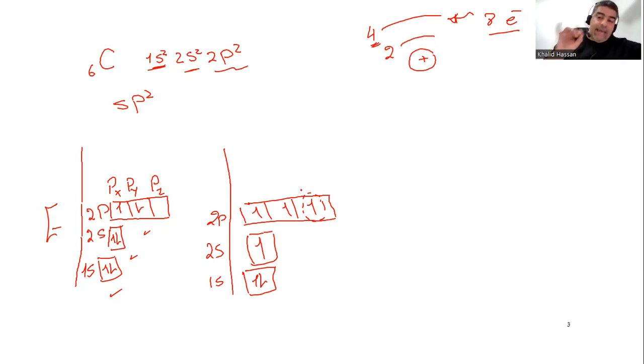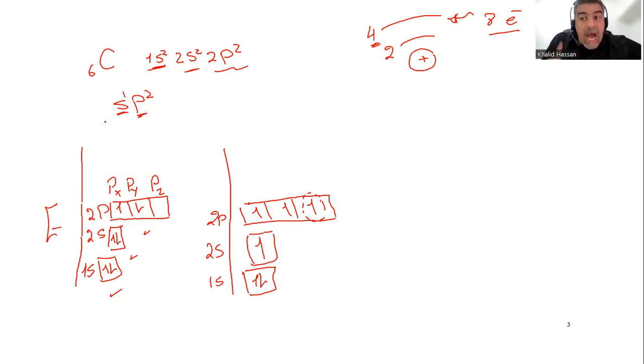So the next step is merging these two subshells, hybridization of these two, to give hybridized orbitals, which is sp2. How can we do that? Imagine I have here 1 s and 2 p.